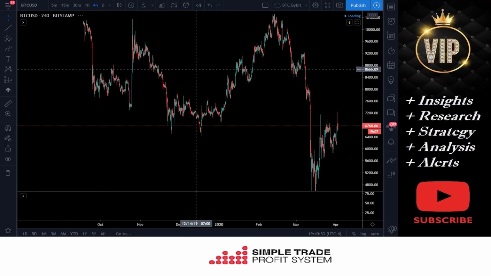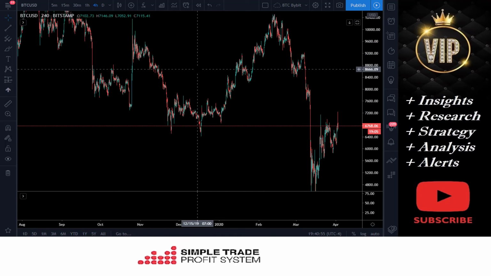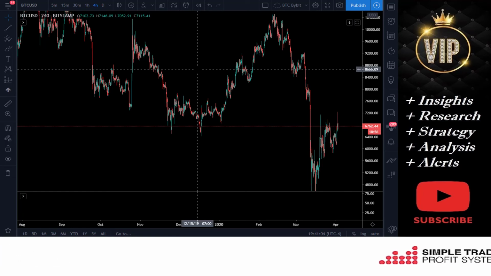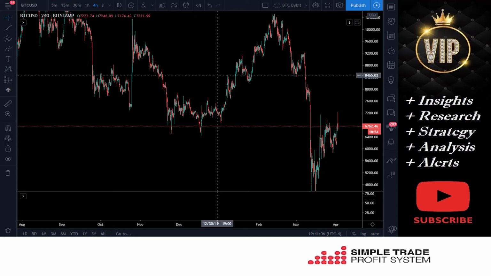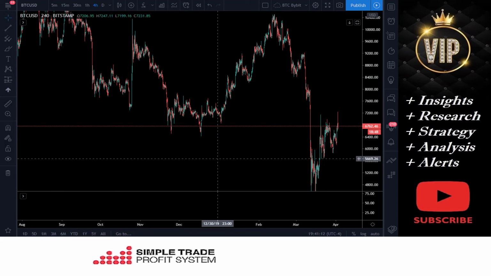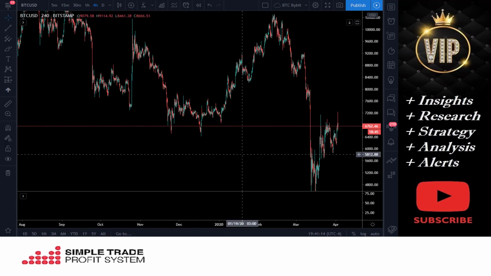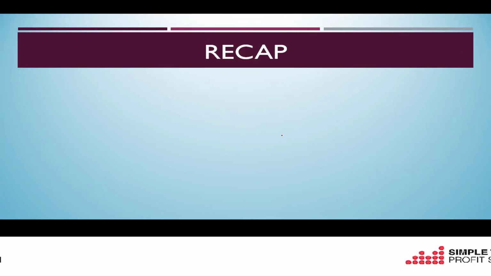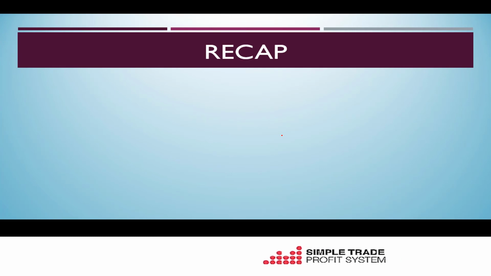I like to look for what I call the confluence of all those factors: the trend line, sloping support, the horizontal support that we have, and candles that have long wicks on them, indicating strong price rejection or strong price being supported. So to recap, and after I finish this, I'm going to go to the current BTC Bitcoin chart.